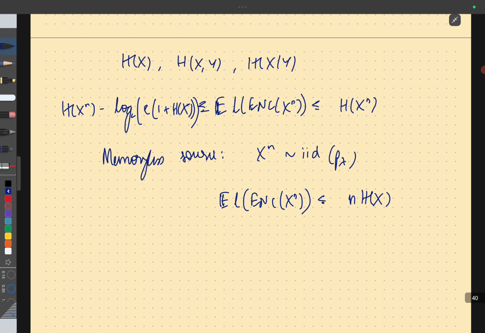Because they're independent and identically distributed, the chain rule says that H of X^n is the summation of H of X_i, and each H of X_i is equal to H of X.